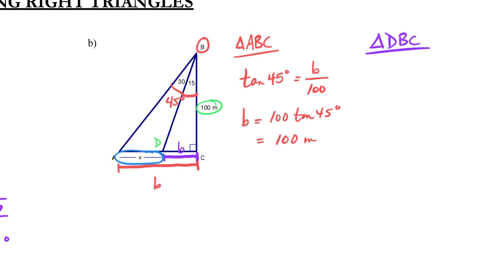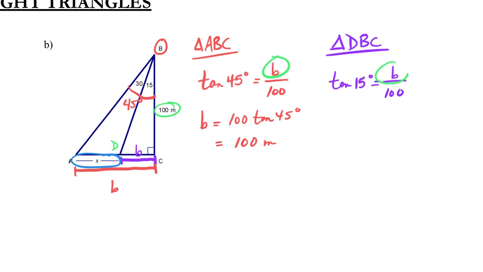By putting on those headings, when I now say that the tan of 15 degrees equals B over 100, my opposite over my adjacent, I don't have two side B's that look like they're the same. They're clearly not because you can see with my headings, I'm working within different triangles.